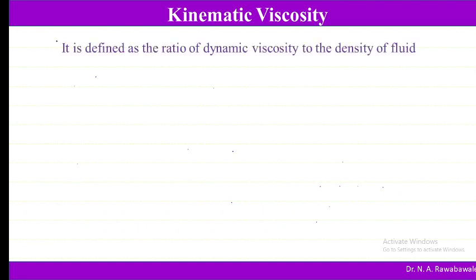Then what is kinematic viscosity? Kinematic viscosity is defined as the ratio between dynamic viscosity and density of a fluid. It is defined as the ratio of dynamic viscosity to density. Kinematic viscosity is represented by nu.